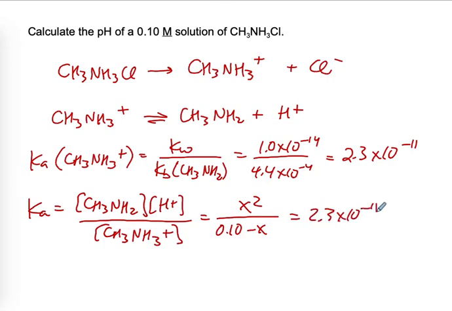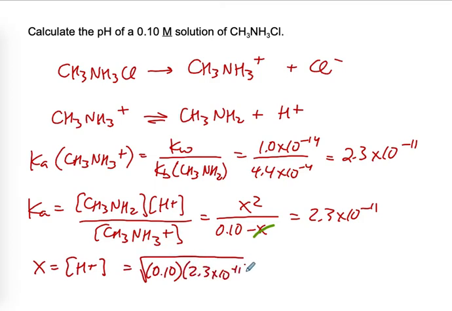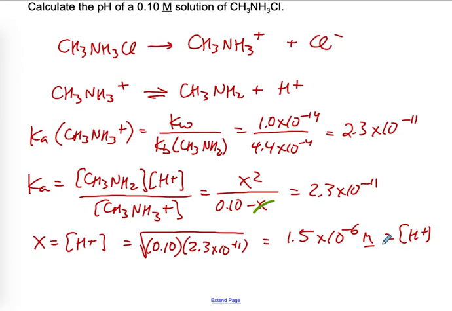I'll skip the ICE table and go directly to this. With such a small Ka value, X is certainly going to be negligible, so I'll make a simplifying approximation. X equals the hydrogen ion concentration equals the square root of the initial concentration of the weak acid times its Ka value, which equals 1.5 times 10 to the negative 6 molar. By the way, folks, when you're doing these calculations to calculate equilibrium concentrations of hydrogen or hydroxide, please include the unit.